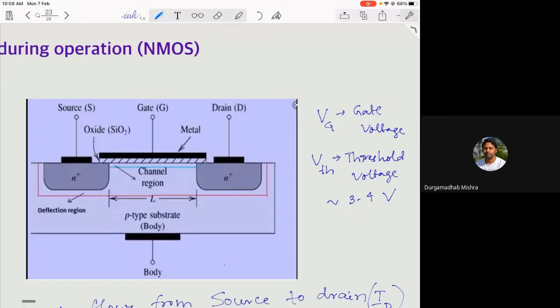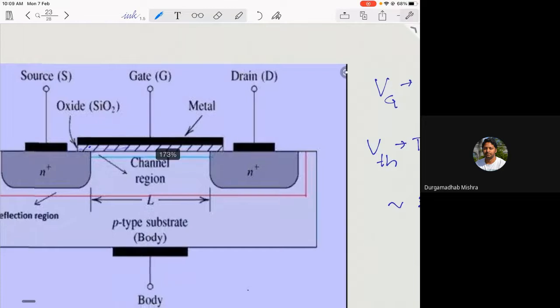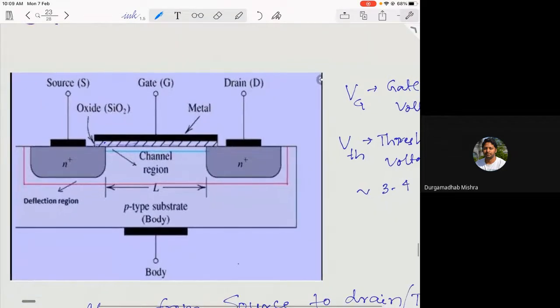This is the voltage you need to apply to the gate so that you can create a conducting channel underneath this oxide layer. So this is your oxide layer here. You create the channel which connects the source to the drain and leads to a flow of charge carriers.